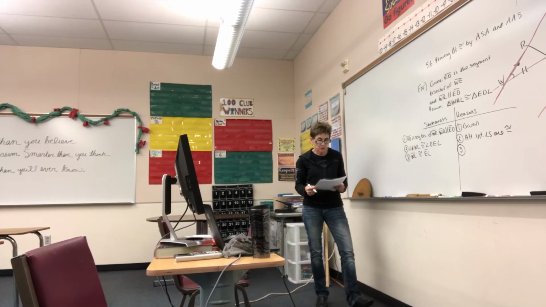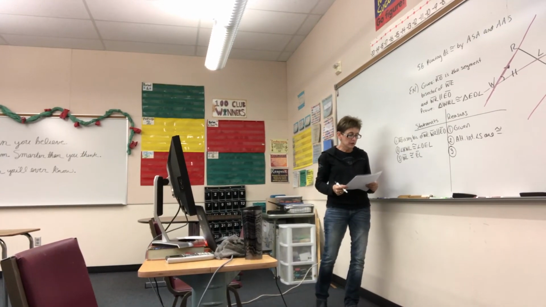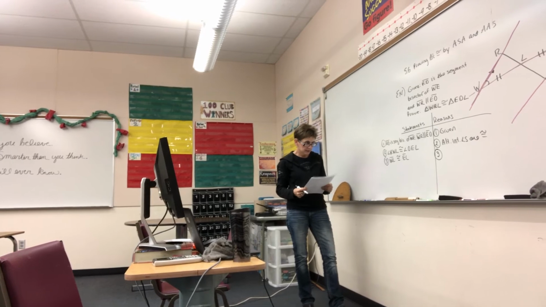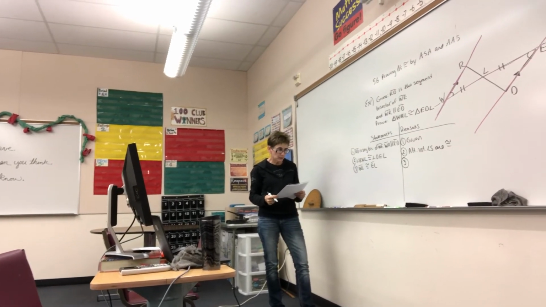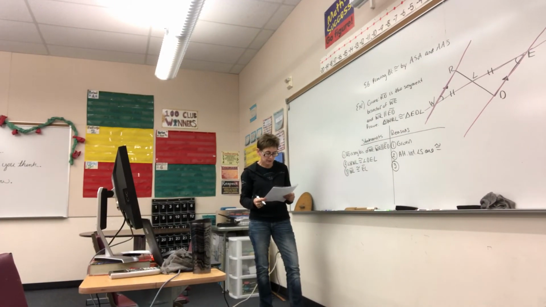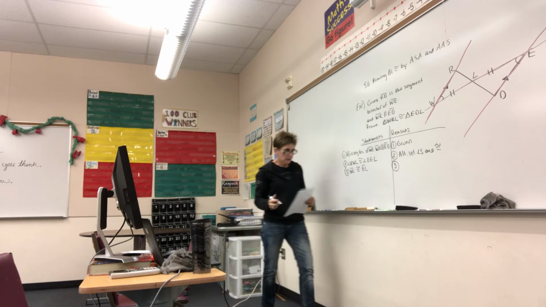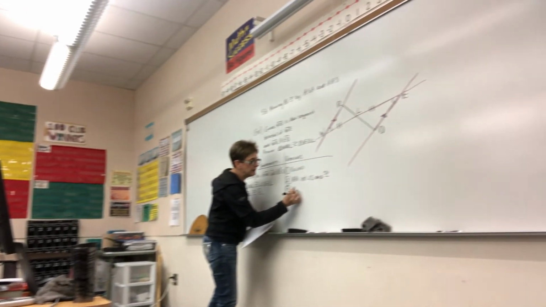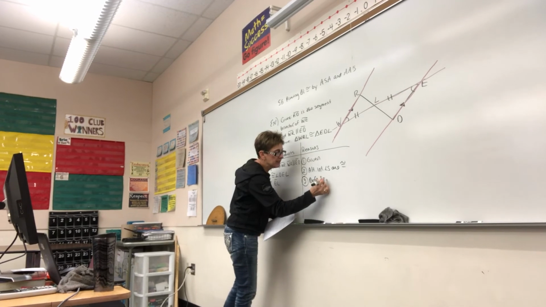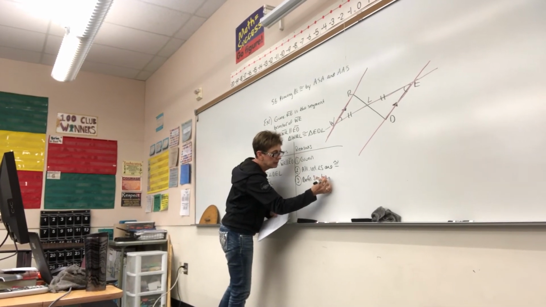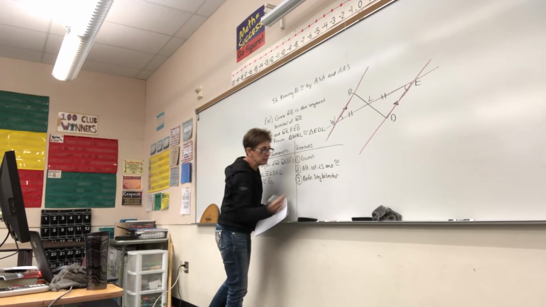Now for this, you would want to look into your Chapter 5 word bank and look for reasons to prove that segments are congruent. The reason is going to be definition of segment bisector. Definition of segment bisector.